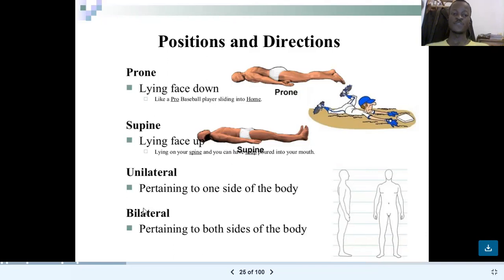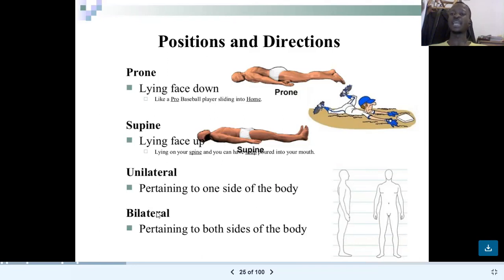Then you have unilateral and bilateral. Unilateral pertains to only one side of the body. Then bilateral pertains to both sides of the body. So you can have a unilateral structure that only exists on one side. For example, the spleen only exists on the left side.